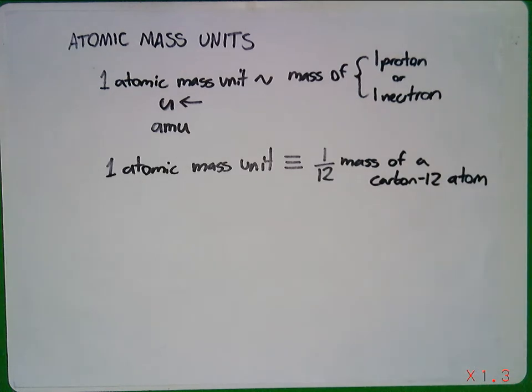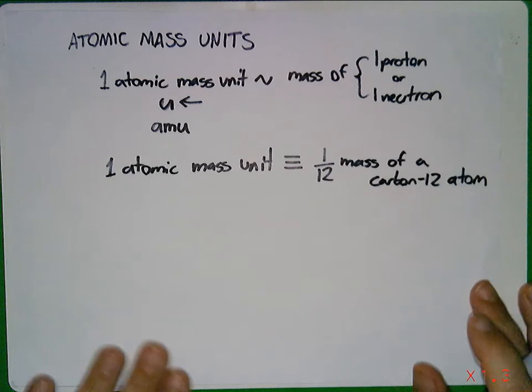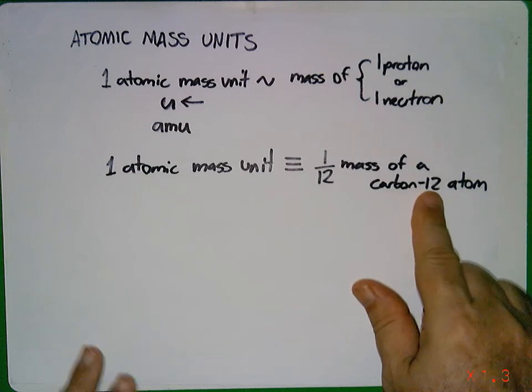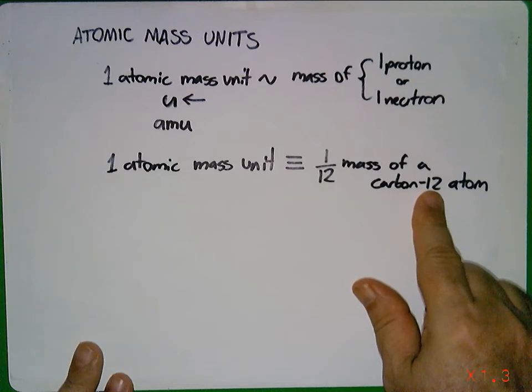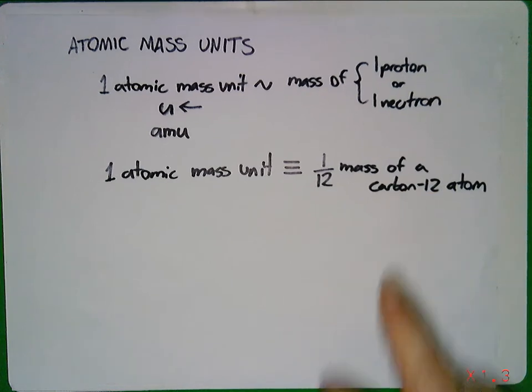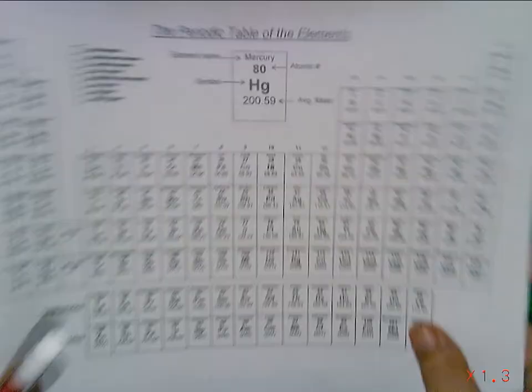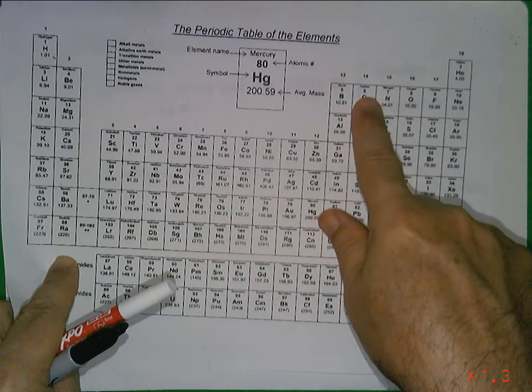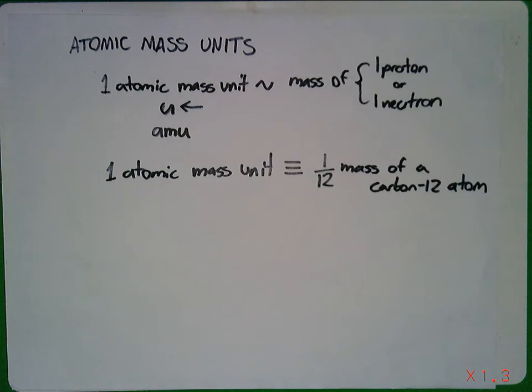Let's remind ourselves real quick about all the stuff that's in a carbon-12 atom. We talked about this in the last lesson. The 12 is the mass number, and that's the total number of protons and neutrons. And if you look at the periodic table, you will see that the atomic number for carbon is 6. So there are 6 protons.